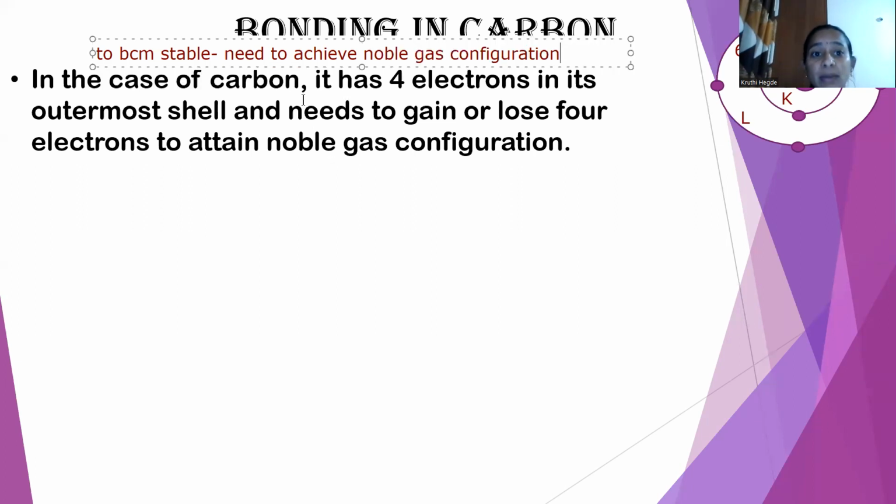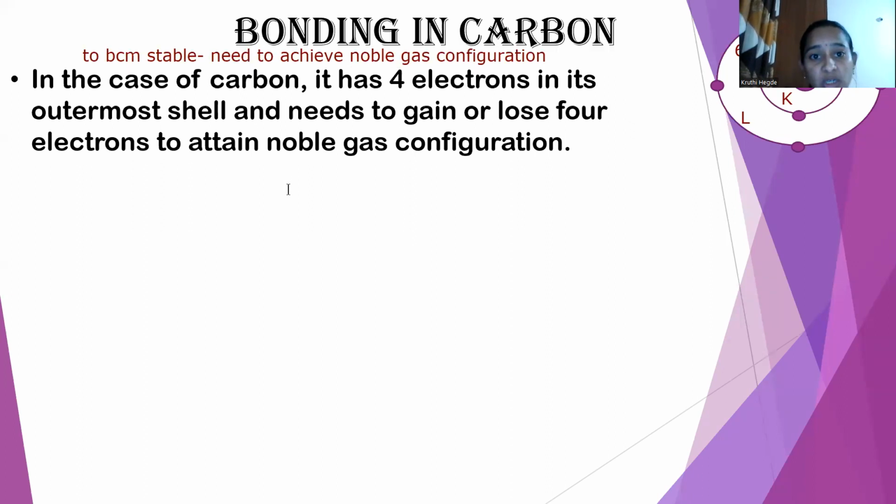To become stable, any atom needs to achieve noble gas configuration. Noble gas configuration says that the outer shell must have 8 electrons.